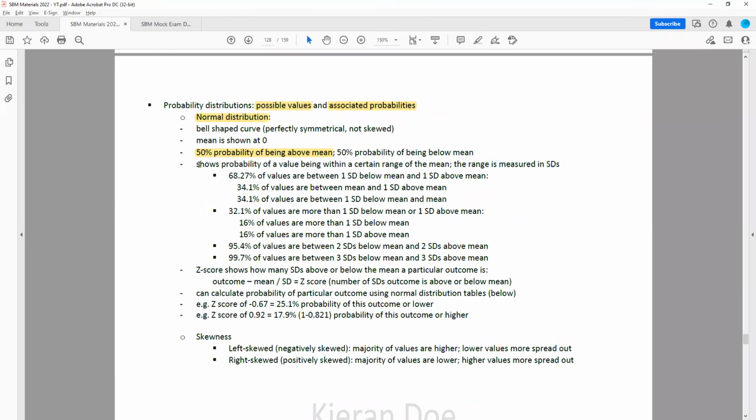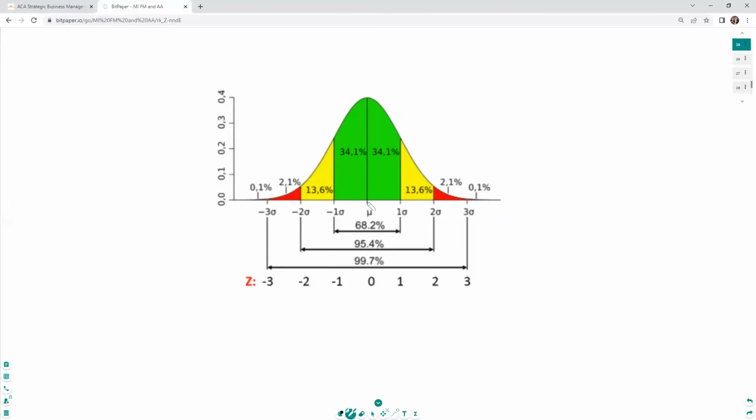What this shows, as you can see here, is that 34.1% of values are between the mean and within 1 standard deviation of the mean. So we're measuring the range using a standard deviation. That's our measurement tool to say where values are.